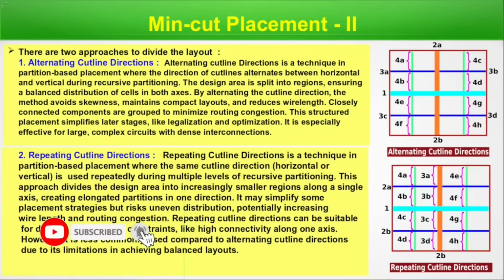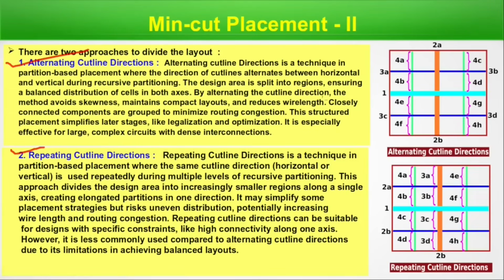There are two approaches to divide the layout. One is alternating cut line direction and the other is repeating cut line direction. So alternating cut line direction is a technique in partition-based placement where the direction of cut lines alternates between horizontal and vertical during recursive partitioning. The design area is split into regions, ensuring a balanced distribution of cells in both axes.